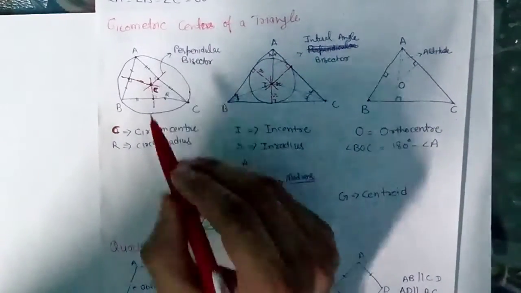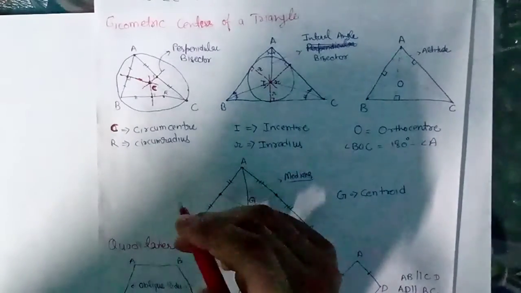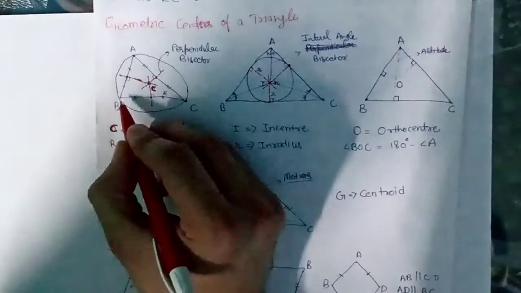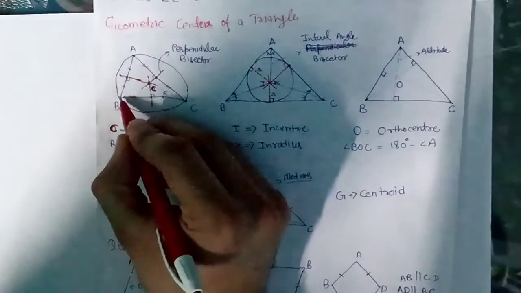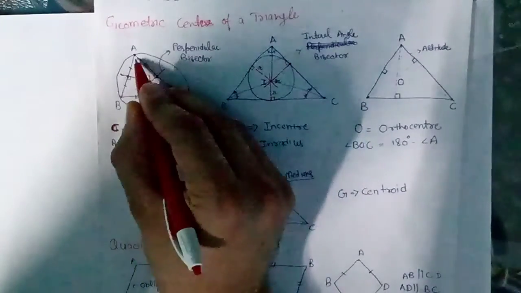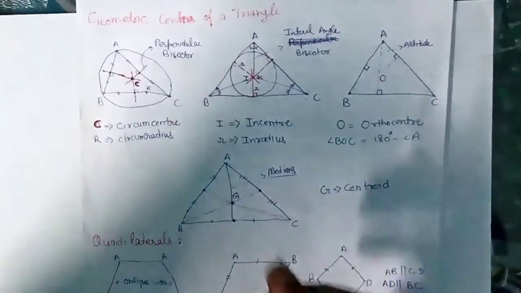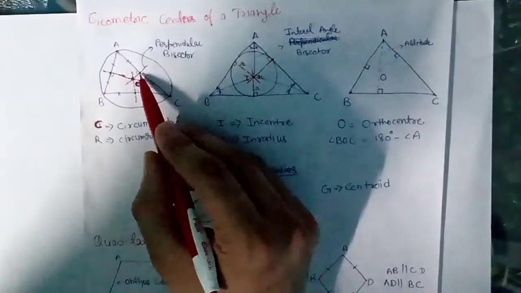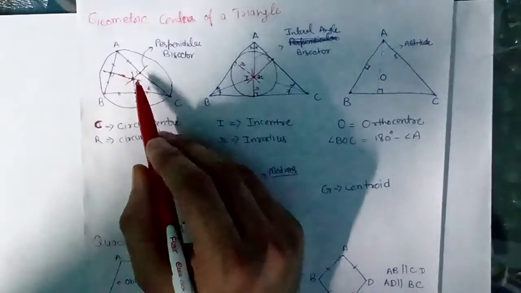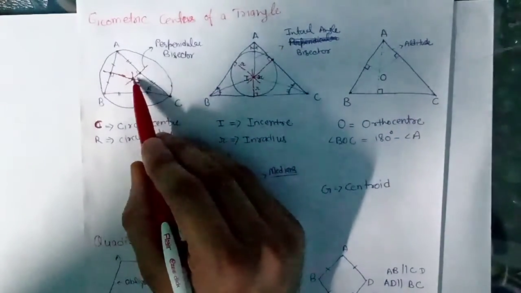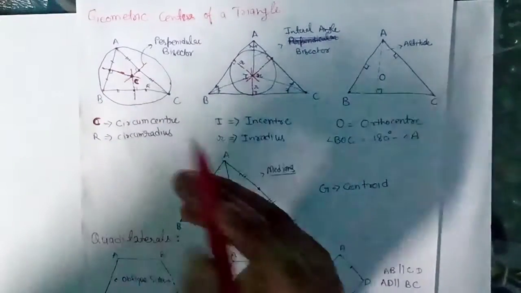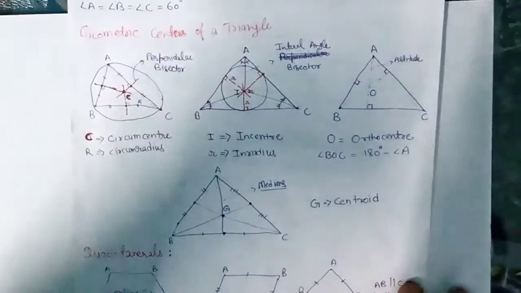This point is known as the circumcenter, and the radius from this point to the vertex is the circumradius. The perpendicular bisectors of the sides of a triangle intersect at a point, which is known as the circumcenter.